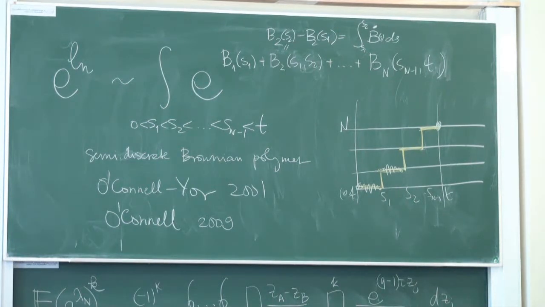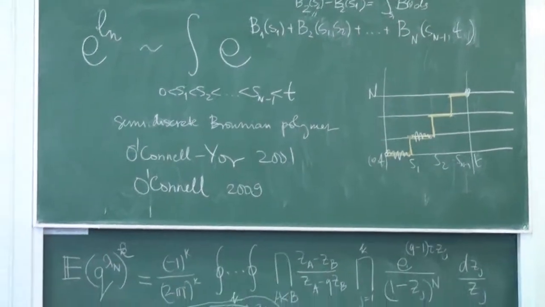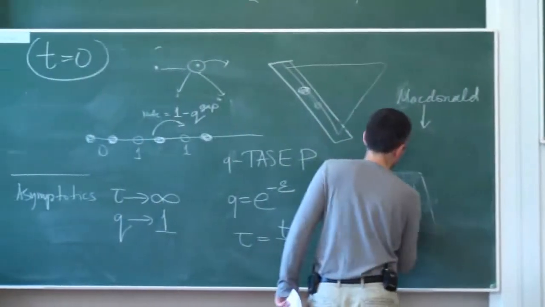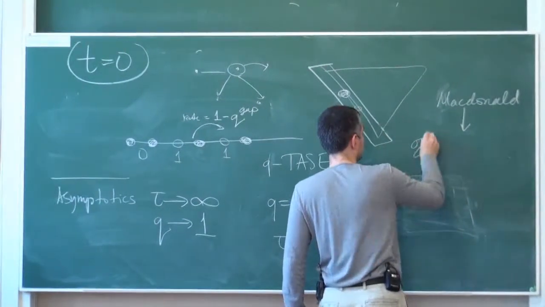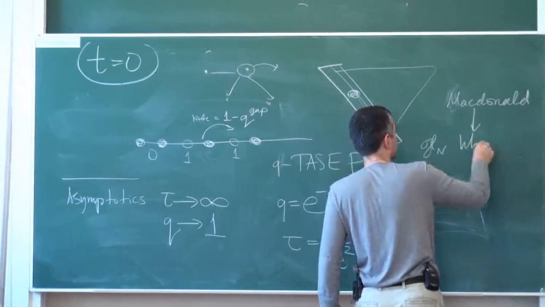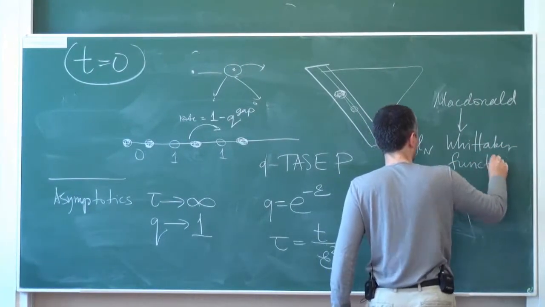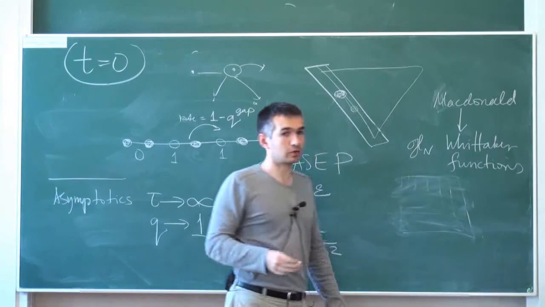And the reason the quantum Toda lattice arises is that in the limit that I described, the Macdonald polynomials actually converge to what is usually called GL_N Whittaker functions, which are eigenfunctions of the quantum Toda lattice.